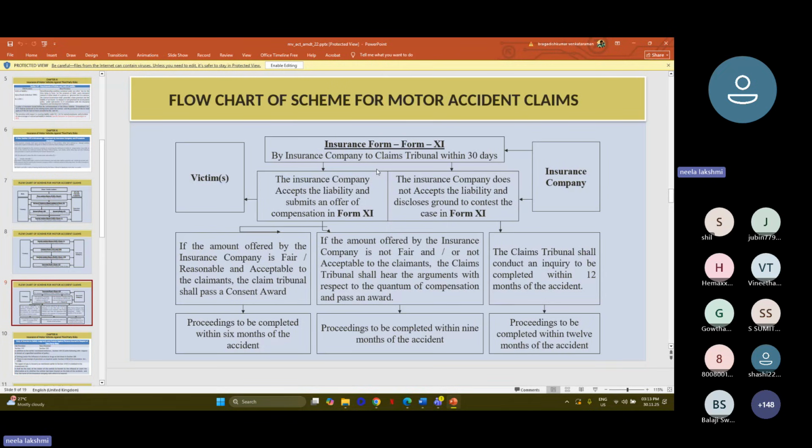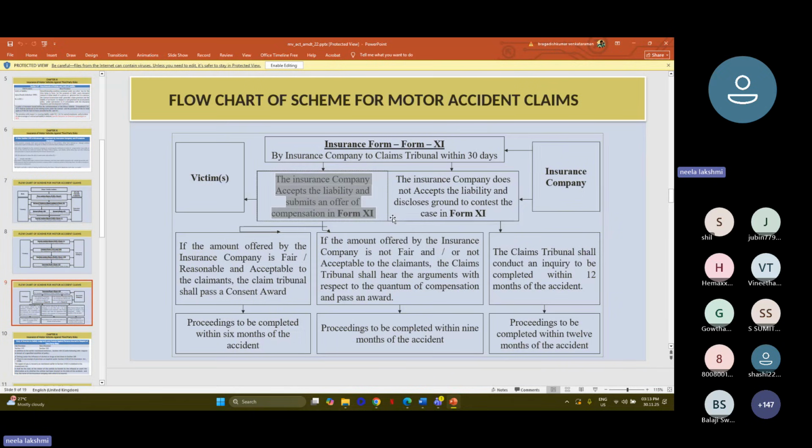There will be two different situations. The first situation is the insurance company accepts its liability. Accepting liability means it scrutinizes the entire file, documentation, vehicular records, investigation is done, everything is found to be fine, and the company is ready for settlement and accepts its liability.